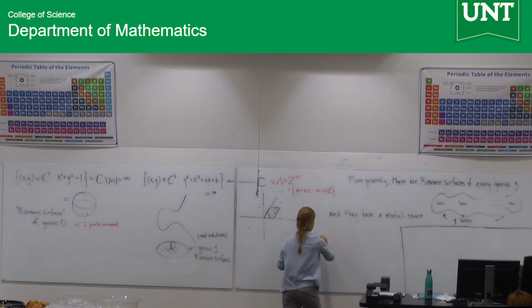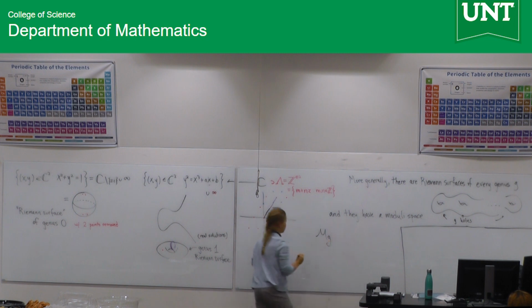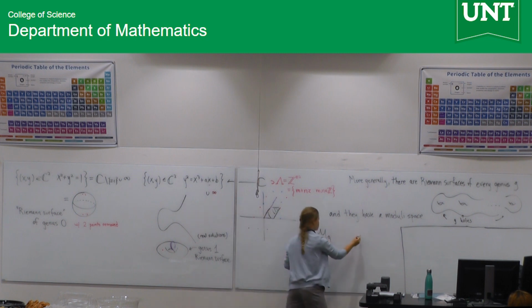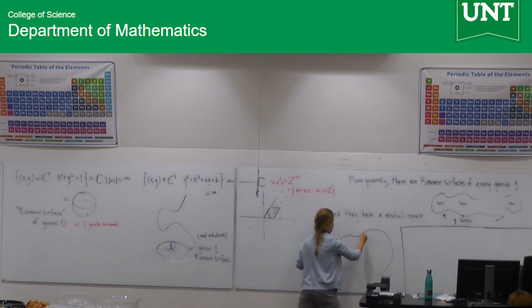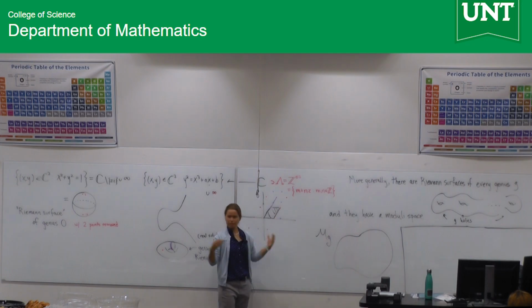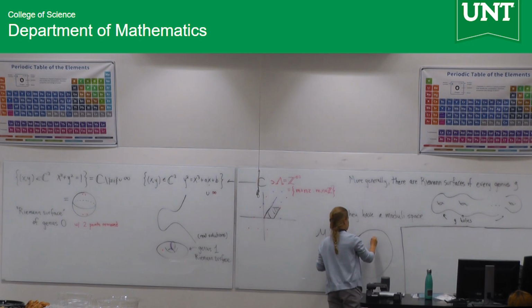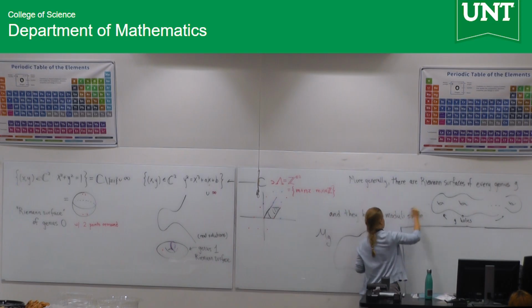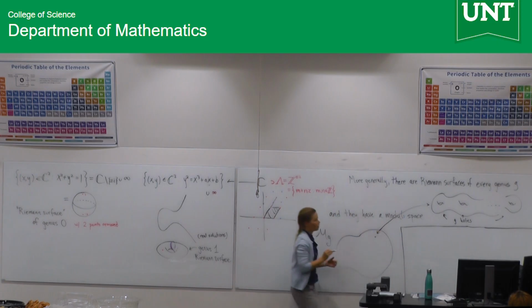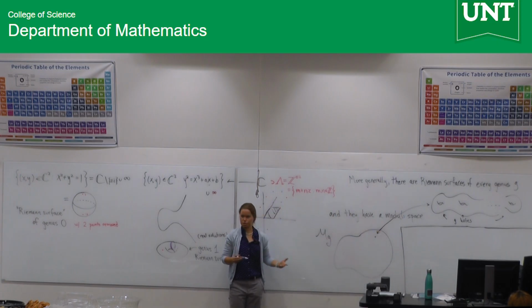It's called M_g. So you should picture that is some big space where each point in this space corresponds to a different genus g Riemann surface.